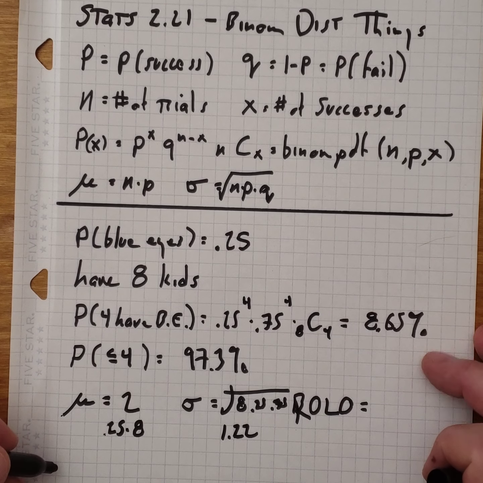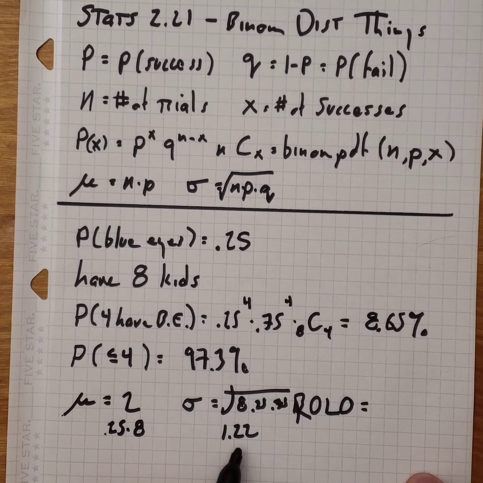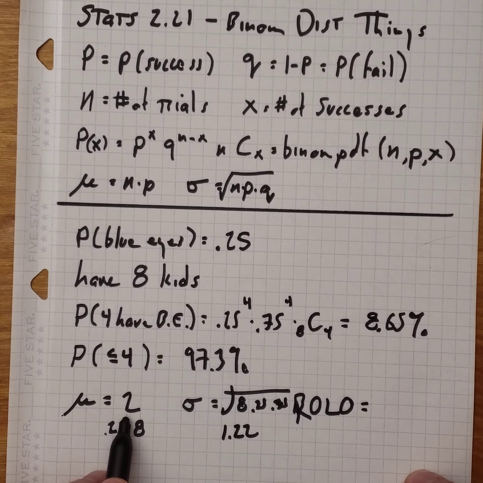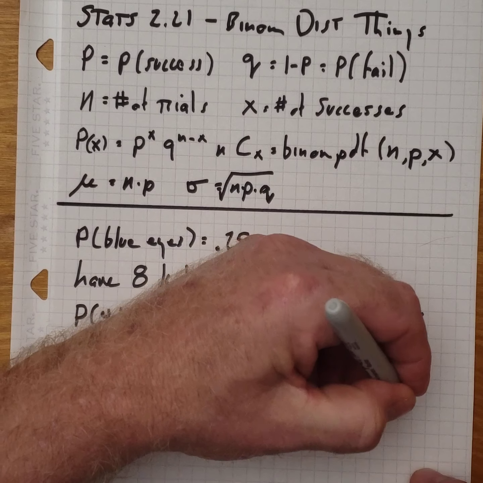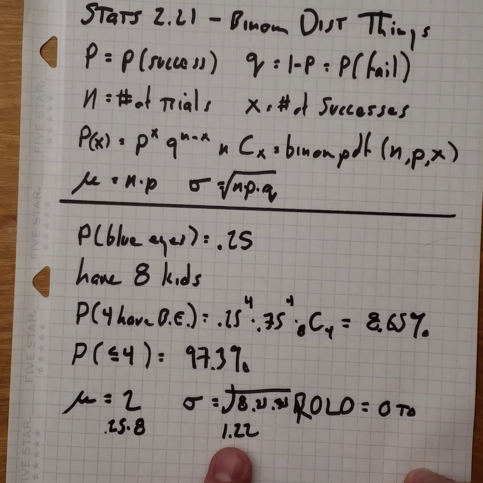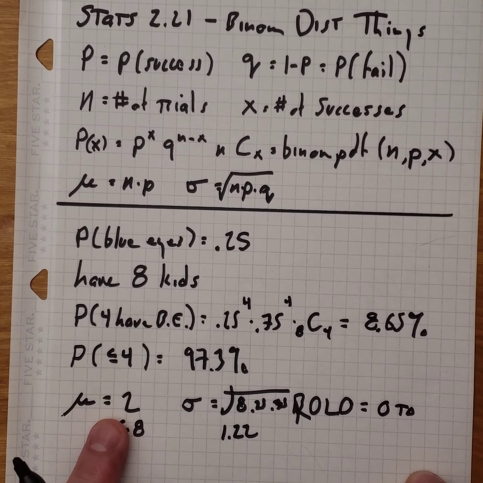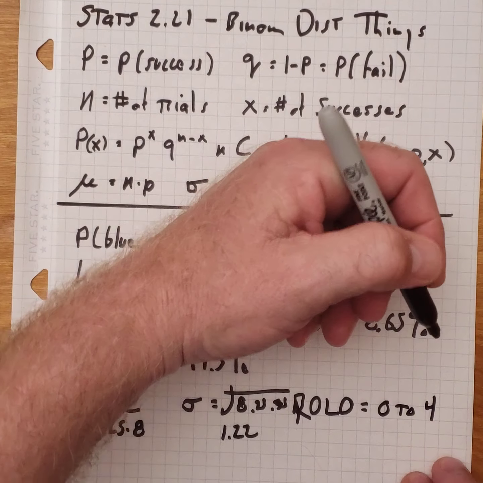All right, so for our range of likely outcomes, we double this, we get 2.4, subtract that from 2, and we get negative something, which we'd round up to 0. 2.4 added to 2 is going to be 4.4, which we would round towards the center of the interval.